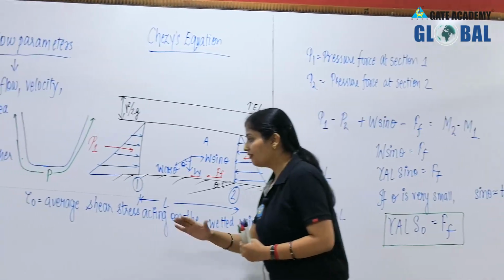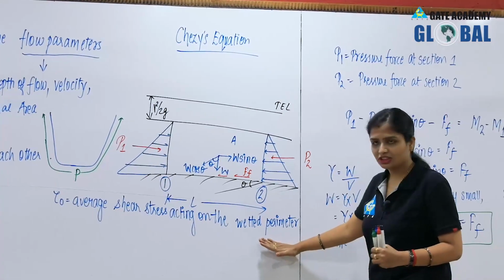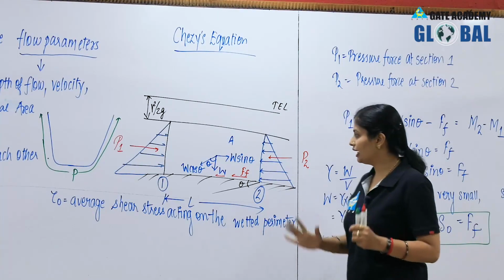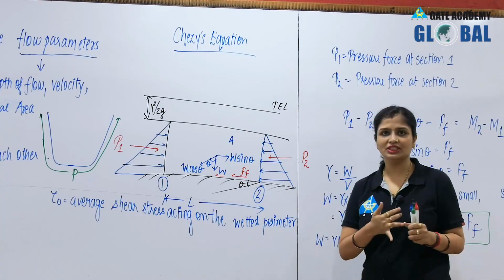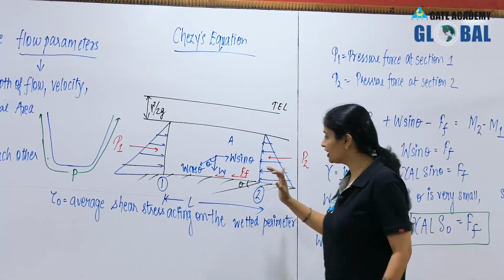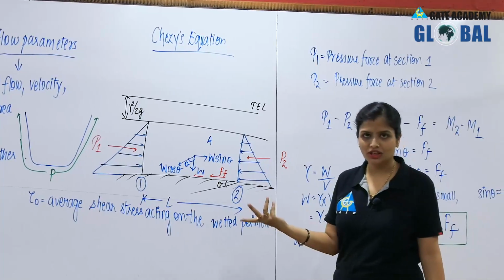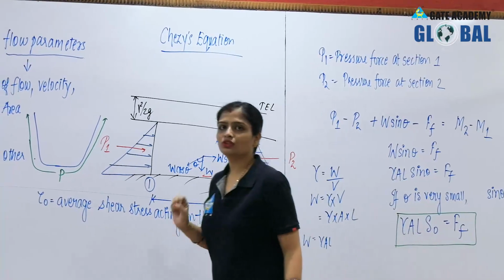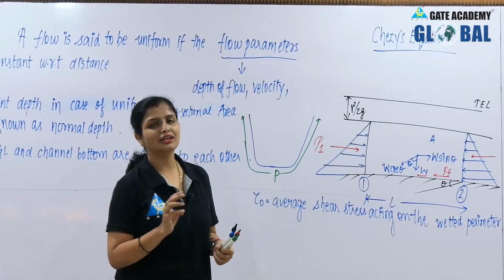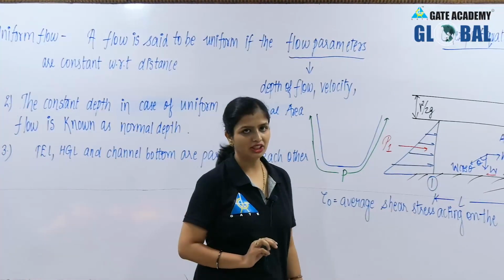So now, if tau naught is the shear stress which is acting on the wetted perimeter, normally you told that there is a frictional force which is acting. So this basically, to be precise, this frictional force is your drag force. Fine. And in drag force you have studied 2 types. One is your pressure drag and the second one is your skin friction drag.